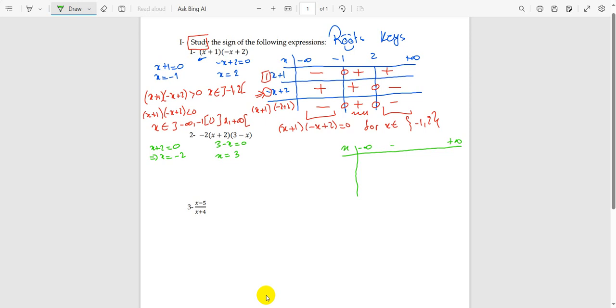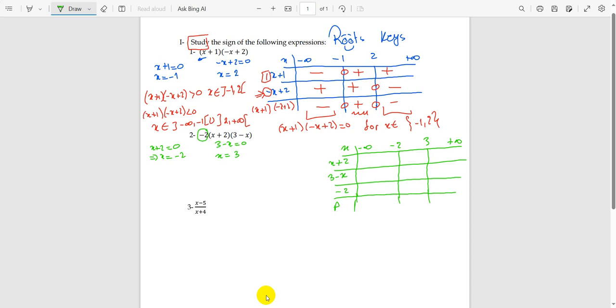I have the roots -2 and 3, and of course we know that -2 is less than 3. The factors x plus 2 and 3 minus x, and don't forget that I have -2 right here. Here I will call it the product of these three factors.